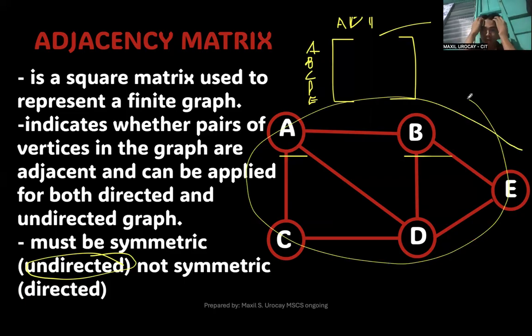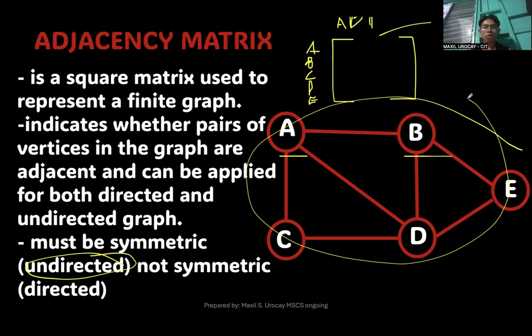We can define what a symmetric data structure is later on, and we will check that later. For a directed graph, that is not symmetric since it will be different structures. So let's try to continue. One second.